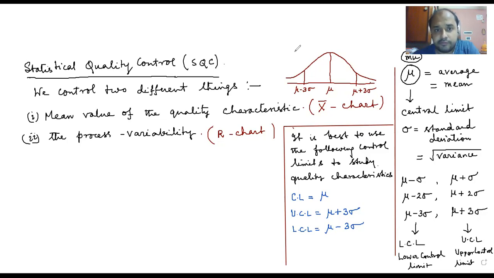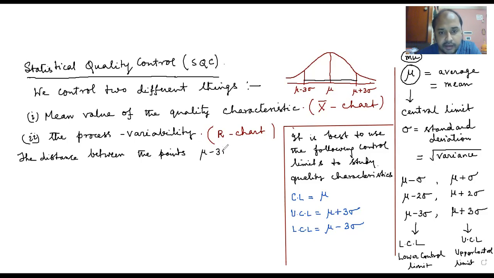And if you want to calculate the total distance from this point to that point, the distance between the points mu minus 3 sigma and mu plus 3 sigma is mu plus 3 sigma minus (mu minus 3 sigma), that is 6 sigma.